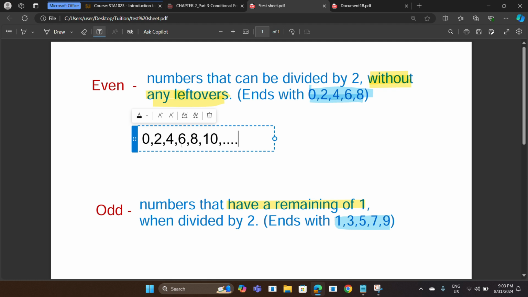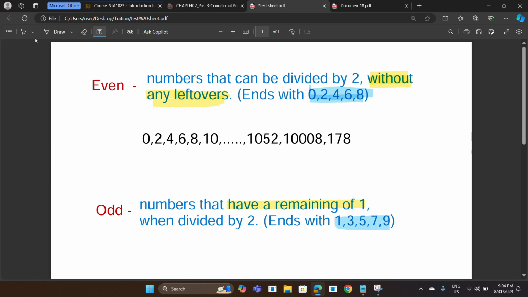Let's take an example, a big number. This number, it is even. We don't want to divide and show that the number has 0 remaining. We can tell whether this number is odd or even by looking at the end digit, the end of the number.